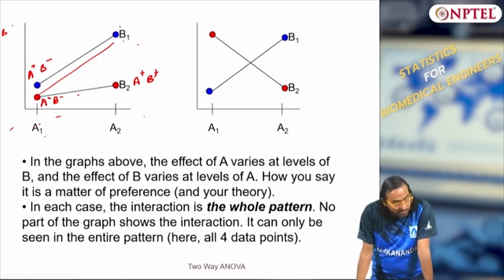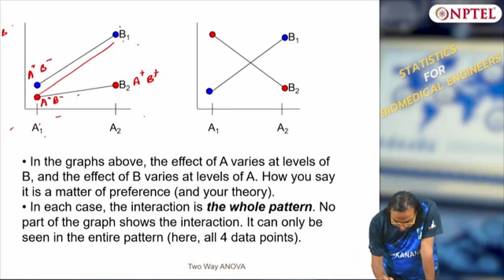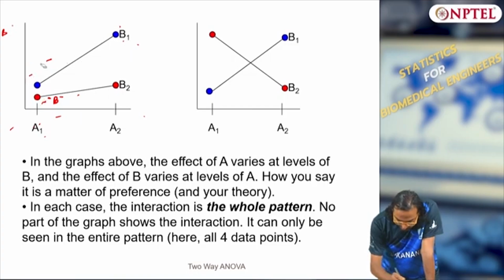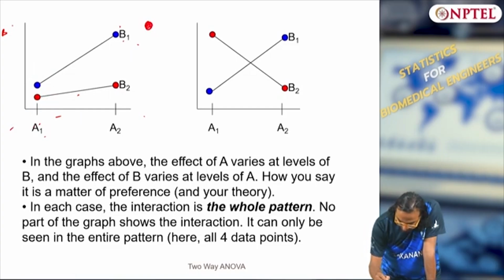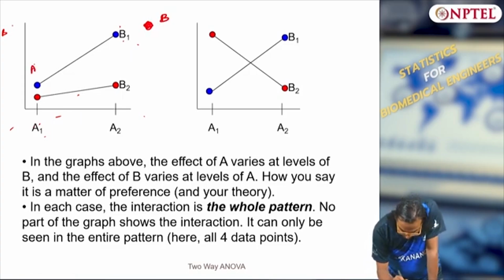No, I have written this is the outcome when I have a B2 value. So, let us have, blue color is B negative, so this is A negative, B negative.